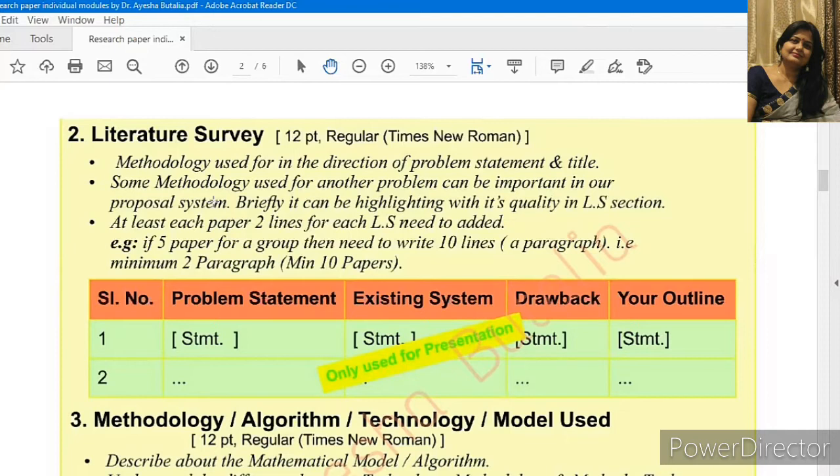This is a very good way to identify your problem, and to understand what can be done better to the existing system. This is a very big hint for new researchers who are struggling with problem statements. Going ahead, you have to define the methodology used in the direction of the problem.